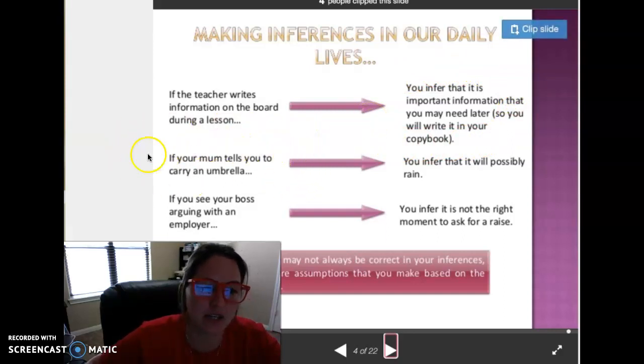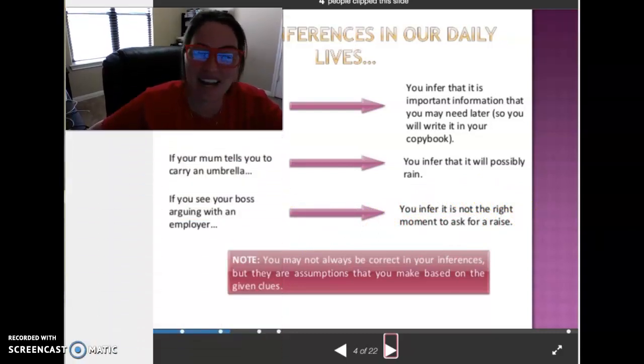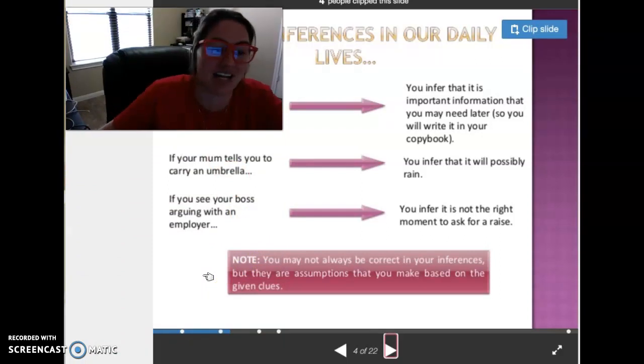If your mom tells you to carry an umbrella, you can infer that it might rain today. If you see your boss arguing with an employer, you can infer that it's probably not the right moment to ask for a raise. Note, you may not always be correct in your inferences, but they are the assumptions that you make based on the clues that you're given and the knowledge that you have at that time.